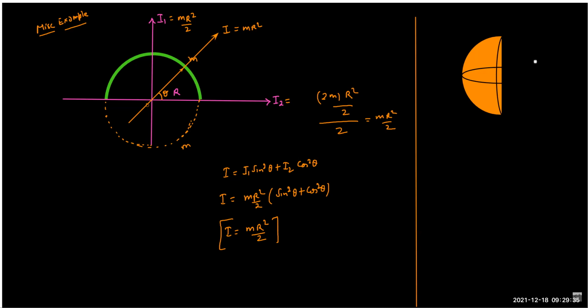So now what we have here is this is the solid hemisphere. Now your question is, what is the moment of inertia about this axis?